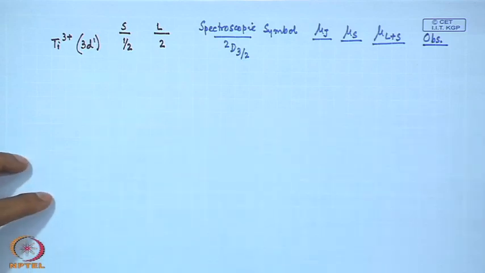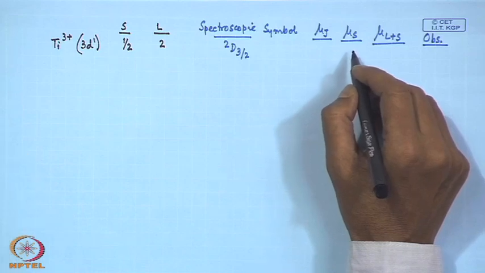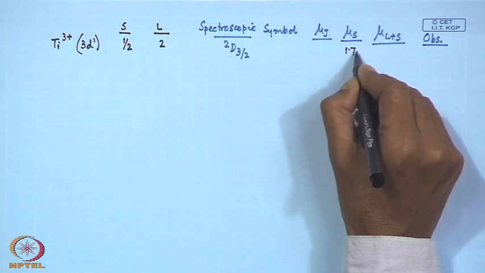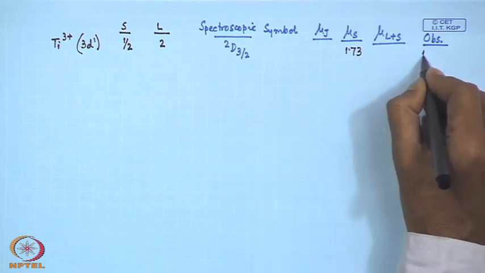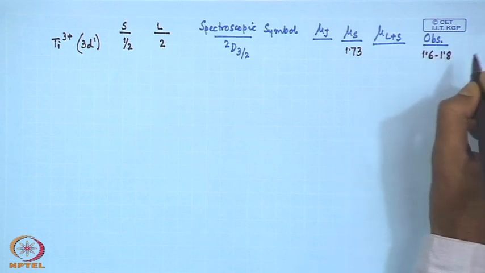In the previous table, we are looking at the corresponding spin only value, which is 1.73, and the observed values also range from 1.6 to 1.8.